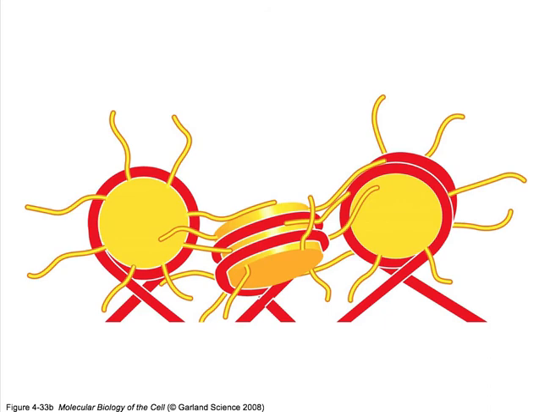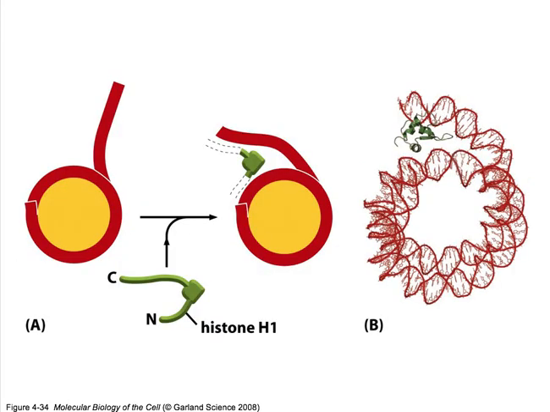It is the interaction of the tails between adjacent nucleosomes which can dictate whether that structure has a loose configuration or the compact configuration. In addition to tail interaction causing local configuration changes in the arrangement of nucleosomes, there is one other component.